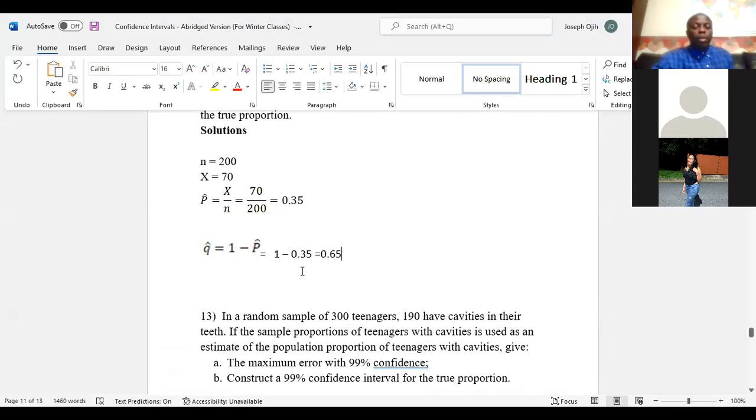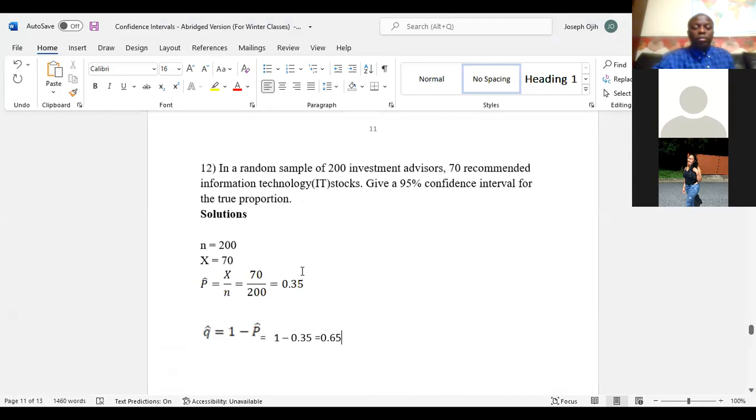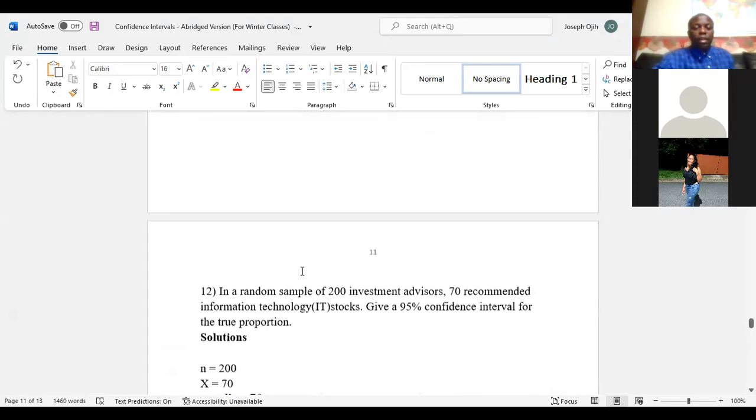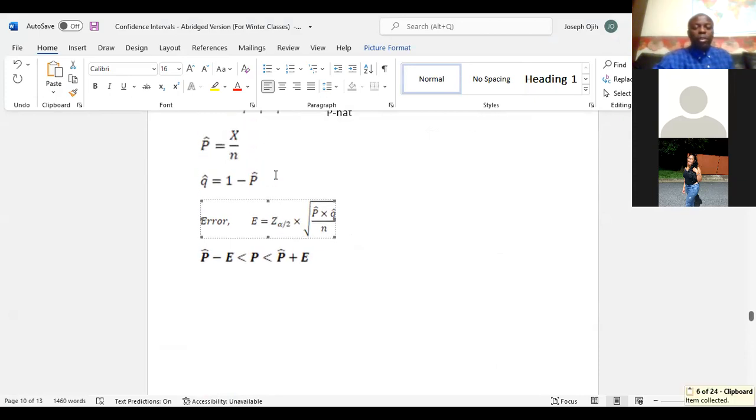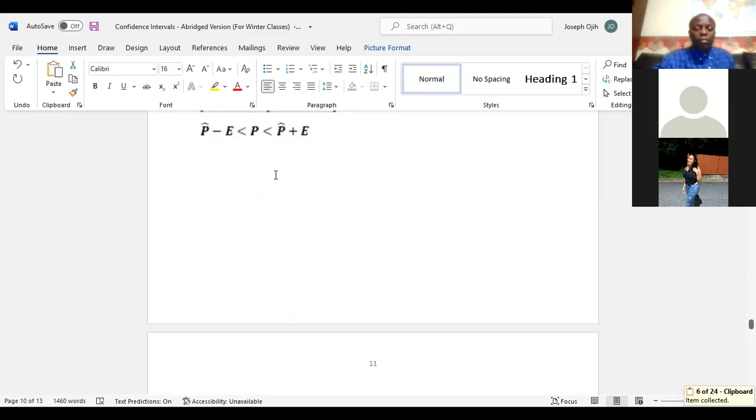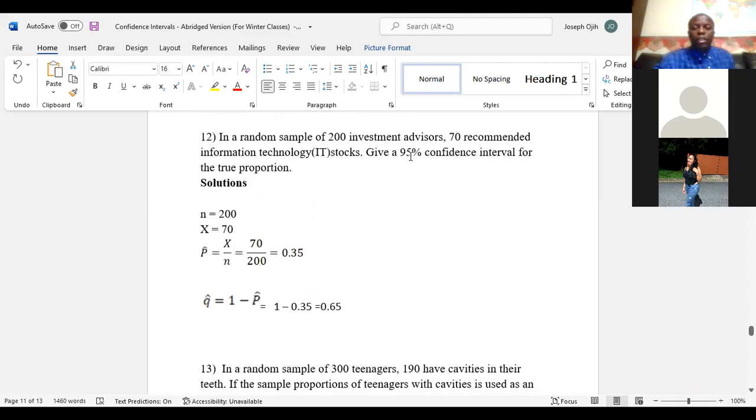Now we have that. Next is to get our error margin. To get our error, we use this formula here, but we need to find the alpha. The question says 95% confidence interval.